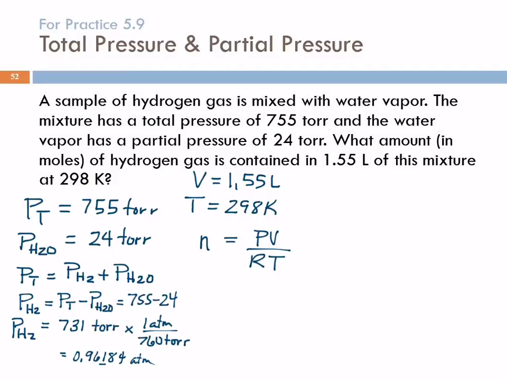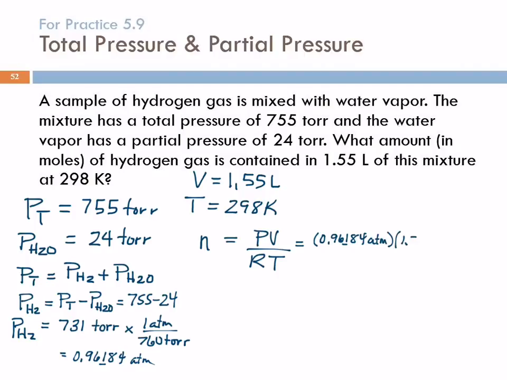Okay, so plug the numbers in. Now, let's keep that in order to avoid confusion. The pressure was first. Not that it matters, but I don't want to add to confusion. 0.96184 atmospheres.